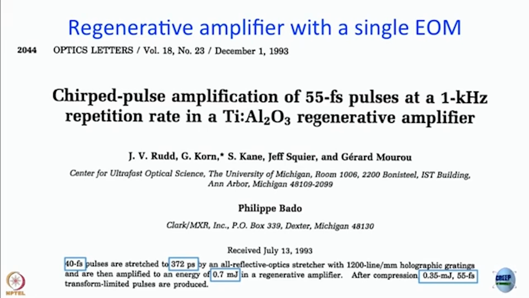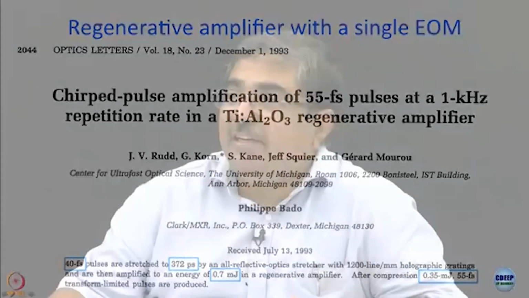What is the energy we get out of our amplifier? 4 millijoules. So, this is not really as much as what we get today, and after compression you get 0.35 millijoule, 55 femtosecond transform limited pulses. So, it is not even 0.7 millijoule. 0.7 millijoule is what you get out of the region before it goes into the amplifier.